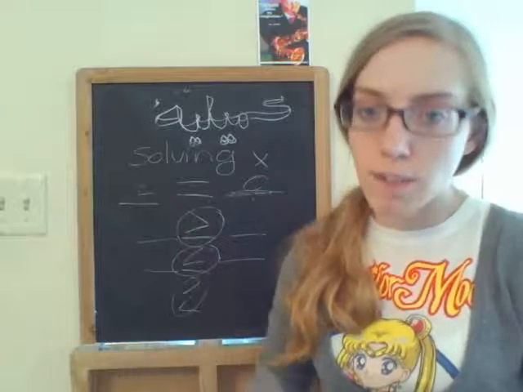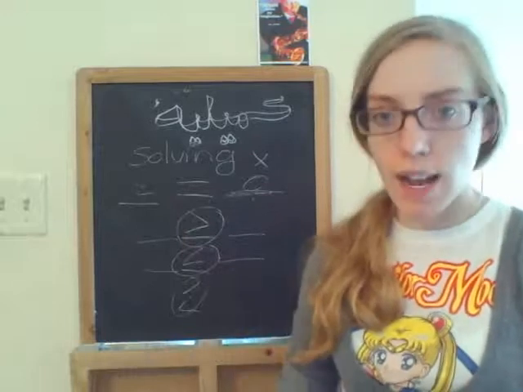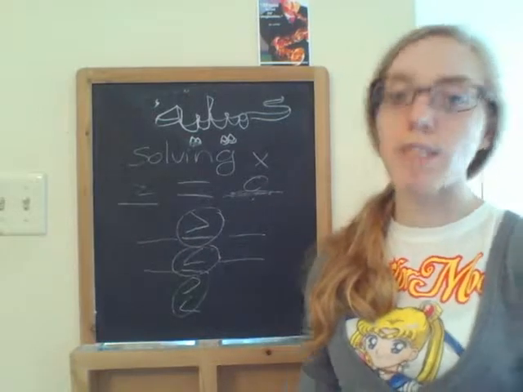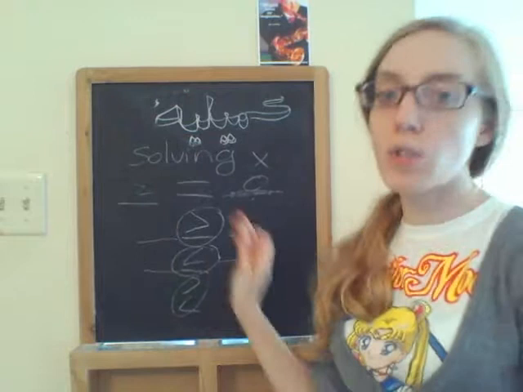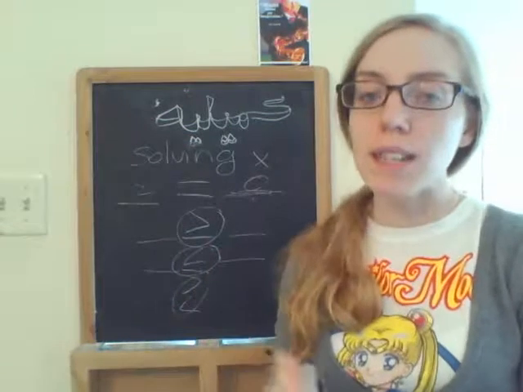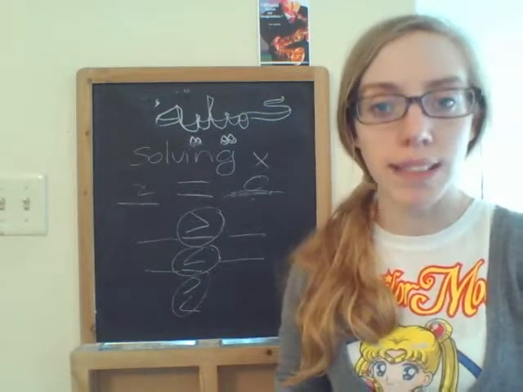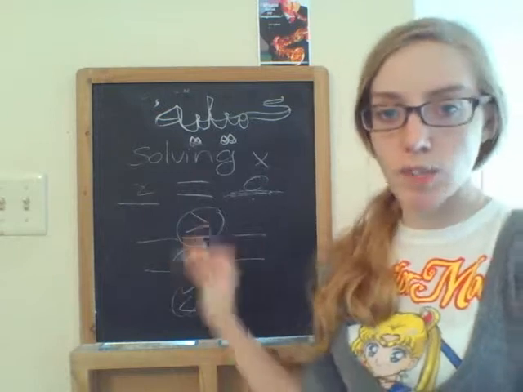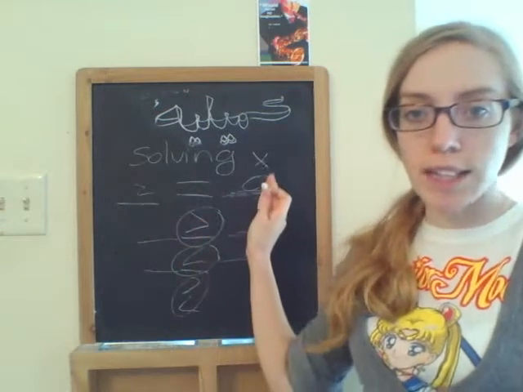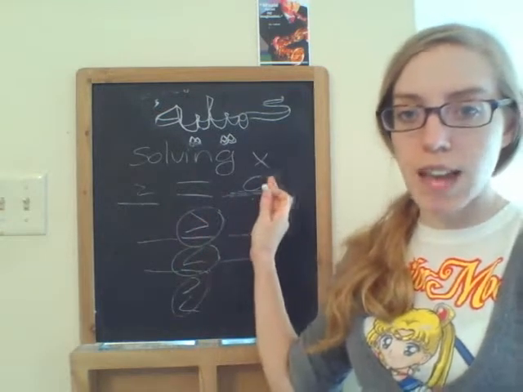Whether you're dividing, multiplying, adding, or subtracting, if you do it on one side, you do it on the other. Our basic idea is that we're combining like terms and shifting and moving them around to get the value of this x here.